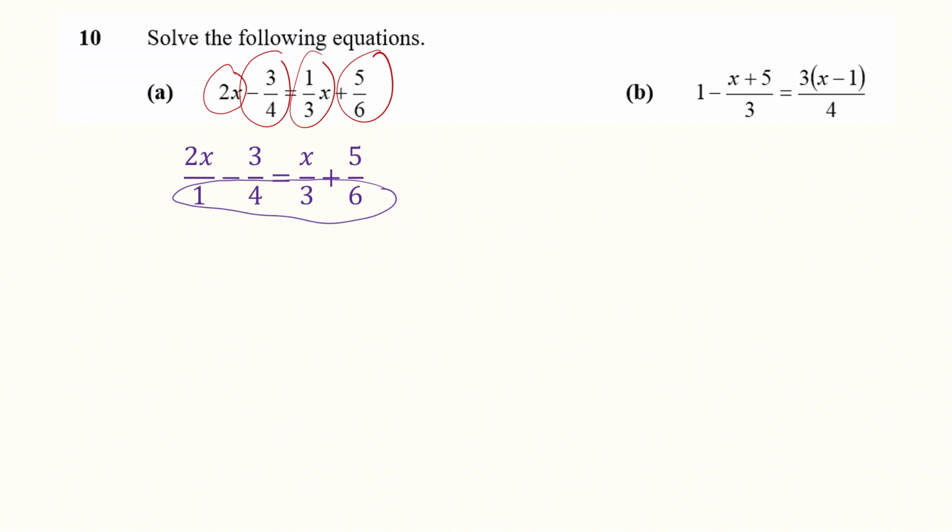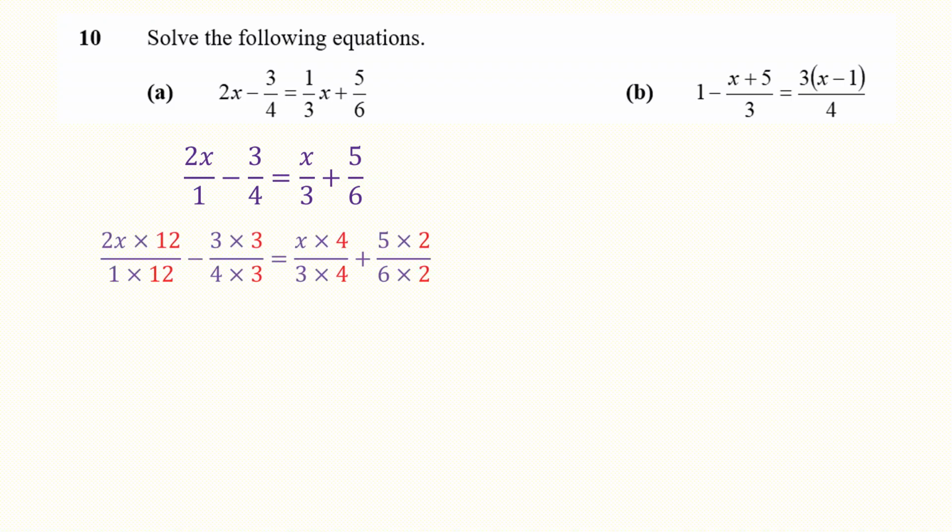The lowest common multiple for 1, 4, 3, and 6 will be 12. So to get 12, I need to take 1 times 12, 4 must times 3, 3 must times 4, and 6 must times 2. You do that at the denominator, also at the numerator.